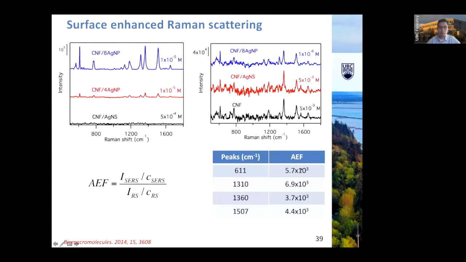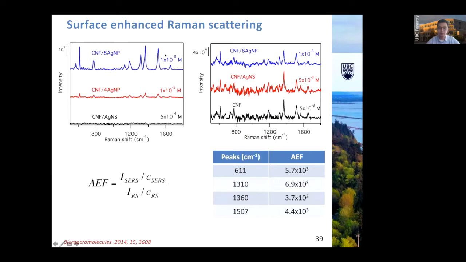And then for this one, we are using it for the water contaminant detection. Here we are using Rhodamine 6G as a model toxicant. Here we have the silver nanoprism at different concentrations and the silver nanoparticle, which we call silver nanosphere. For the silver nanosphere, even at 5 times 10 to the negative 4 molar concentration, we couldn't detect any peaks.